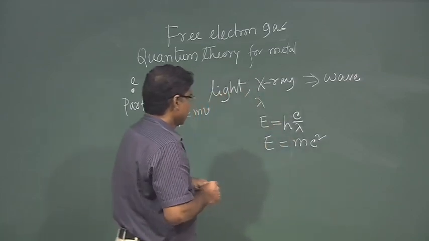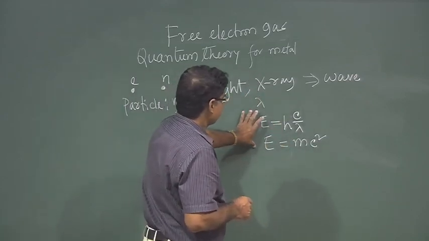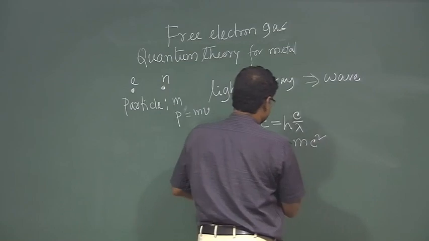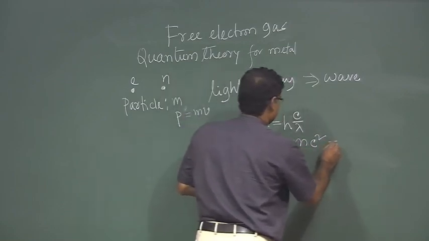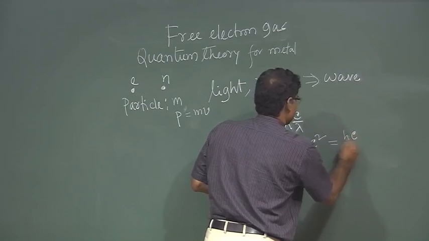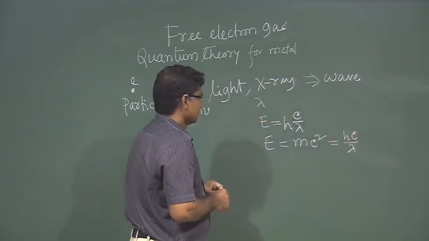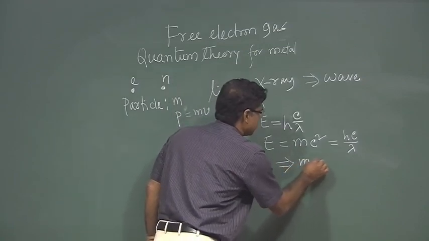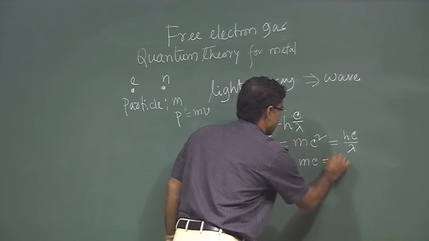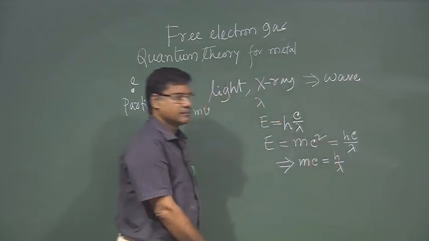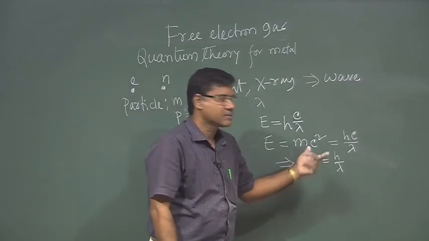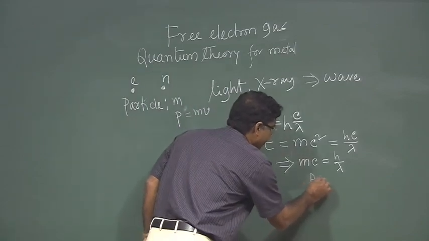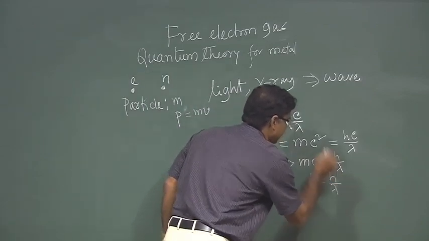From here I can write m c square equal to h c by lambda, and this gives m c equal to h by lambda. So m c, mass into velocity, is momentum, right. I can write p equal to h by lambda, right.